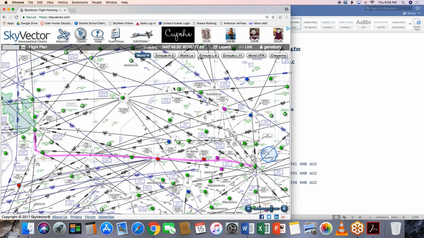But if we apply this neon Sweden, we are flying west, so we have to plan an even altitude. The next lowest even altitude that we can plan would be 380.